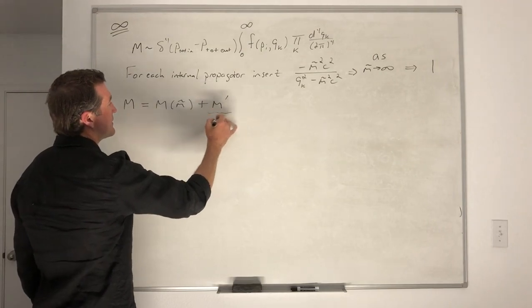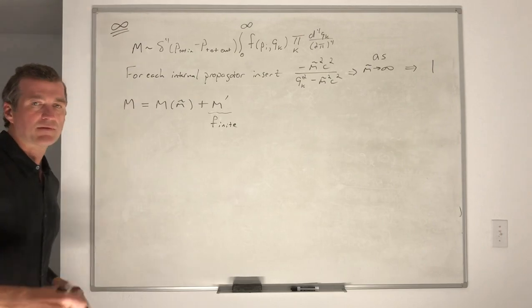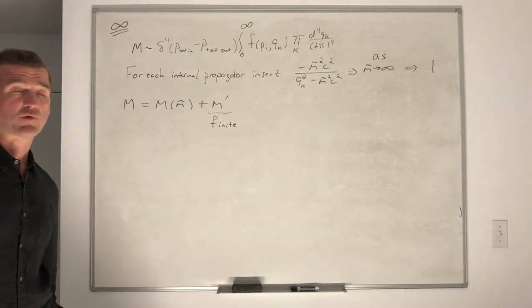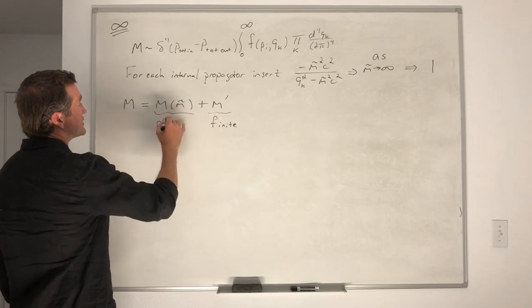This one, if we're lucky, is finite, even if m twiddle is taken to infinity, because it doesn't depend on m twiddle. So if this one is finite, then this one can diverge.